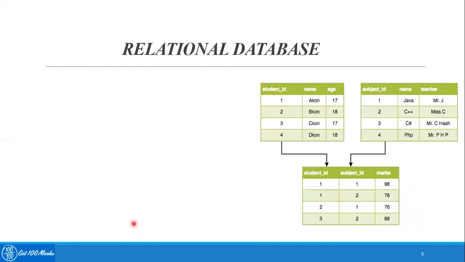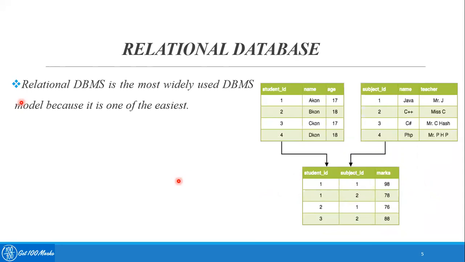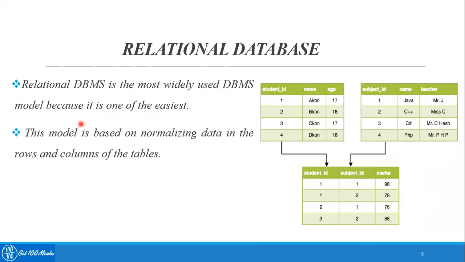Now let's talk about the relational database model. As you see from the diagram, here the relationship is created so that the formulation of a new table is made easy, and retrieval in turn is going to be very easy. The relational database model, or relational database management system, is the most widely used DBMS today because of the easy usage of the RDBMS.